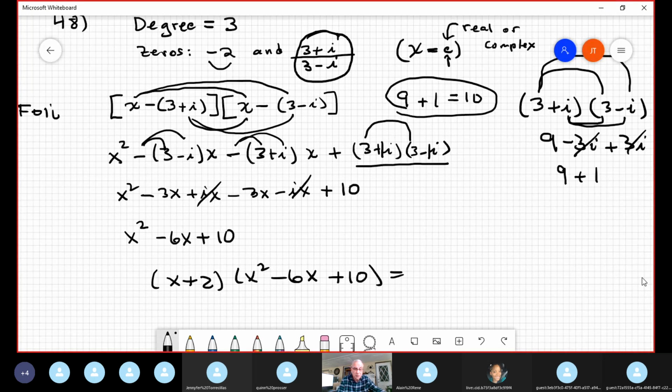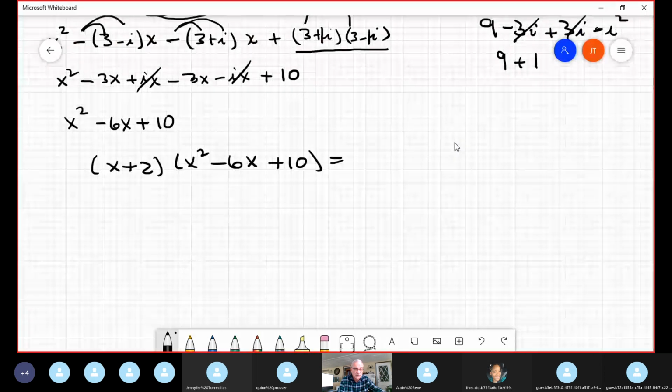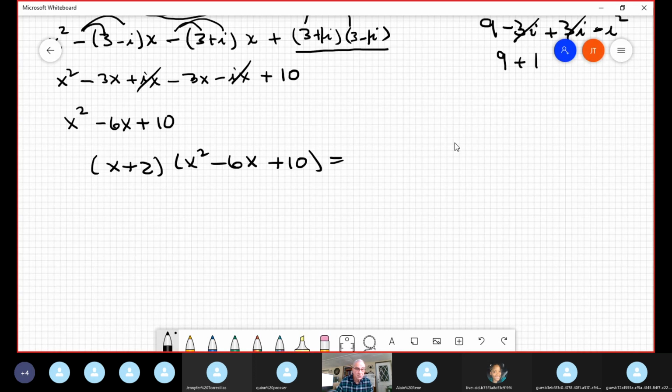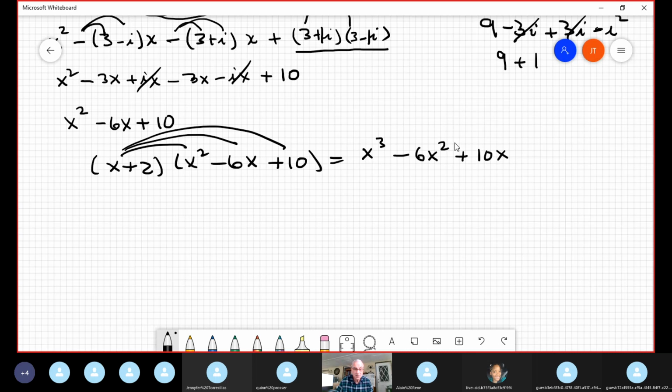Let me explain one easy way to do that. You multiply, for example, x times x is x cubed. And you multiply x times this, which is minus 6x squared plus 10x. Now basically you multiply x times this, and you multiply 2 times this. And you put it not exactly in continuation, you put it a little bit below, aligned with the corresponding degree.